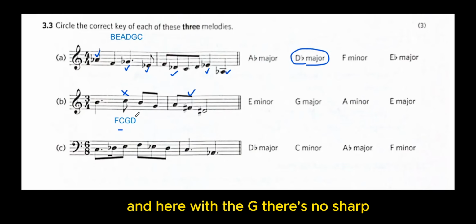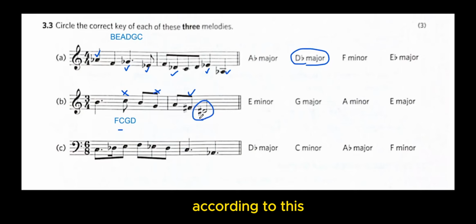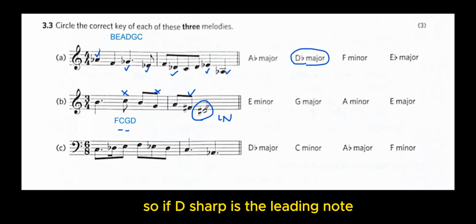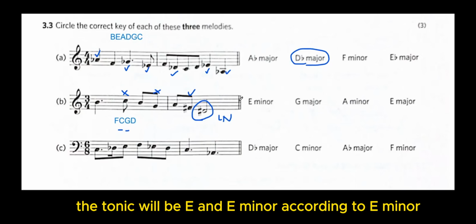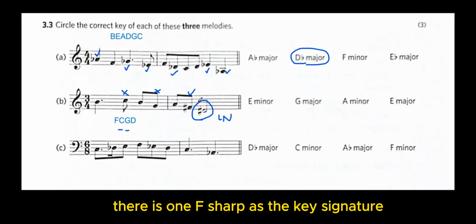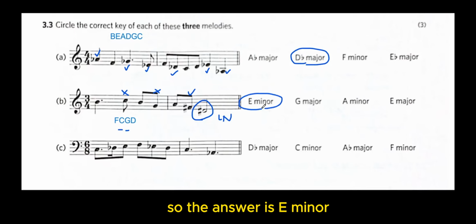And here with the G, there's no sharp. According to this, we can assume that the D sharp is the leading note in a minor key. So if D sharp is the leading note, the tonic will be E, and E minor. According to E minor, there is 1 F sharp as the key signature. So the answer is E minor.